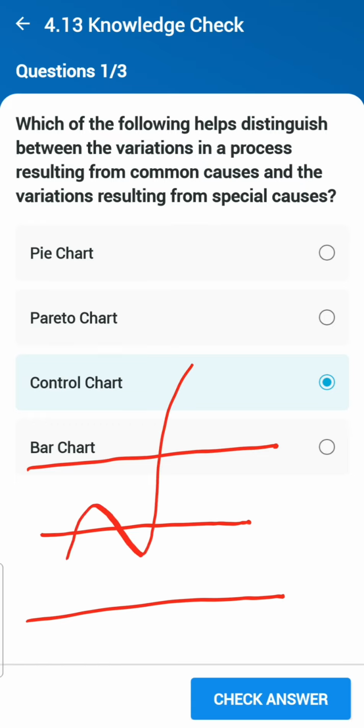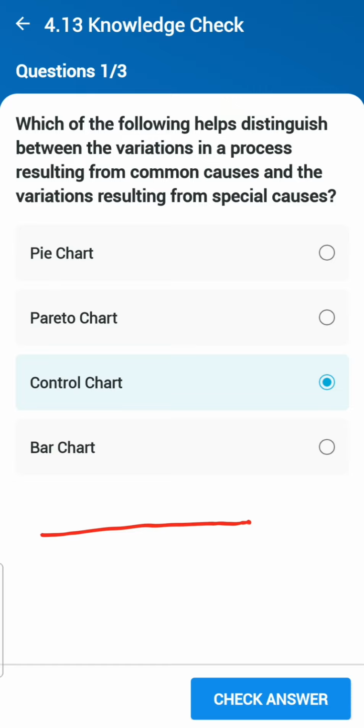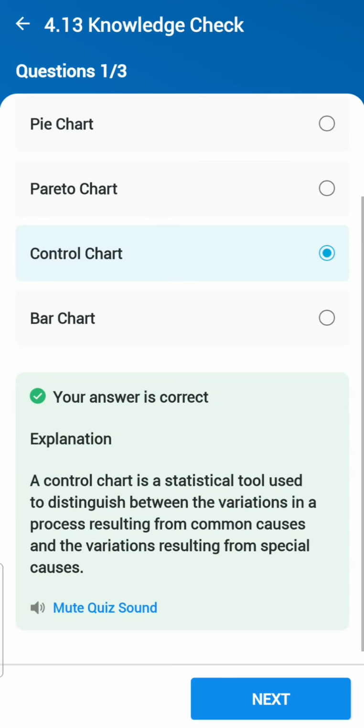If a point goes out, that is a special cause. Even if it is within, as per the interpretation, if it is rising up and falling down, that can also be considered. So control chart should be the right answer. Let's see. Yes, control chart is the right answer.